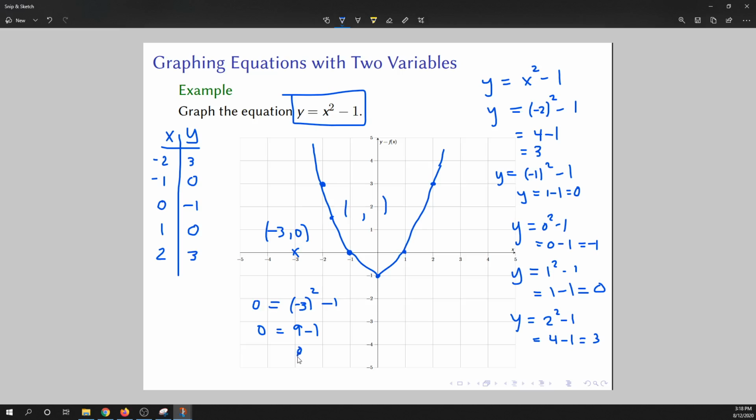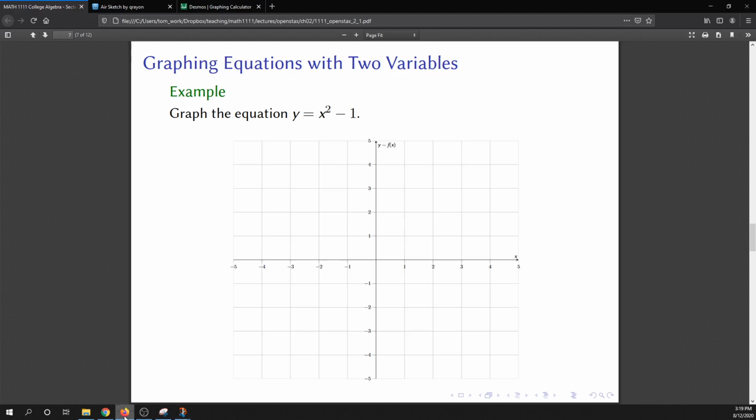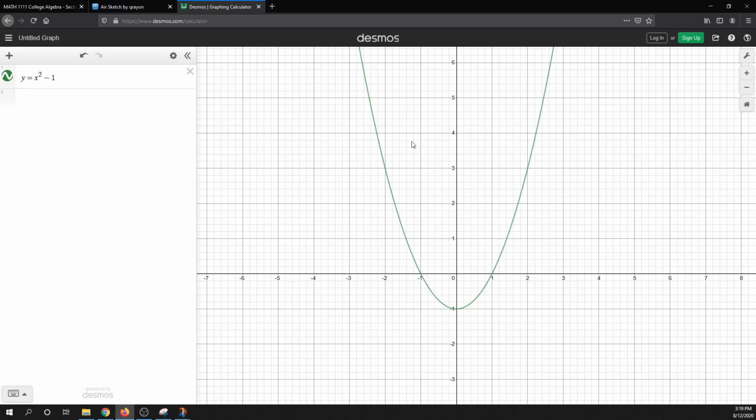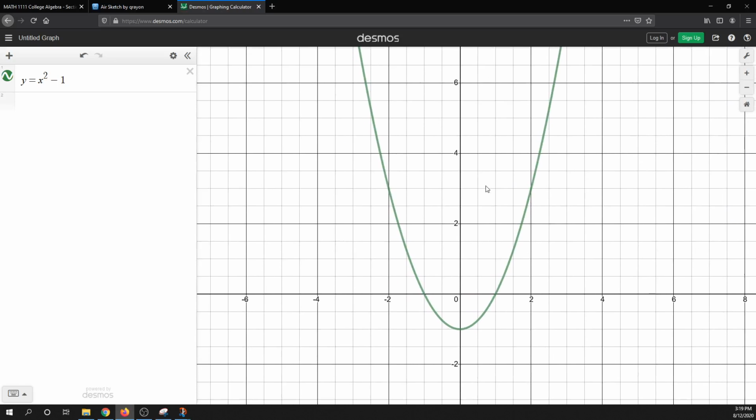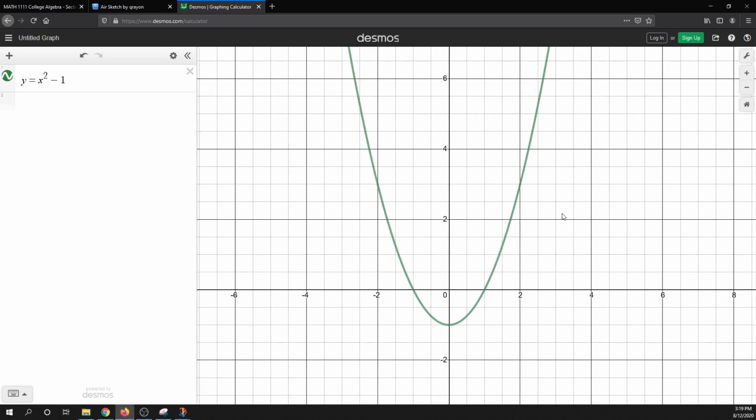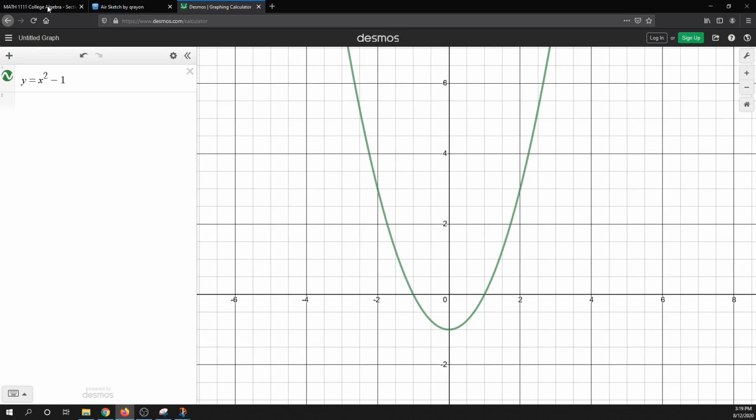So I get 8 equals 0, which is false. So this graph is a picture of all of the solutions of this equation. And there are a lot of them, infinitely many. You can't really list them all out, but you can generate this nice picture of what all of the solutions look like. And that is very helpful and useful in algebra and math.